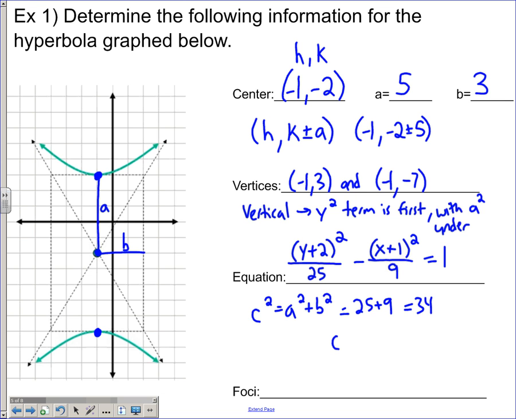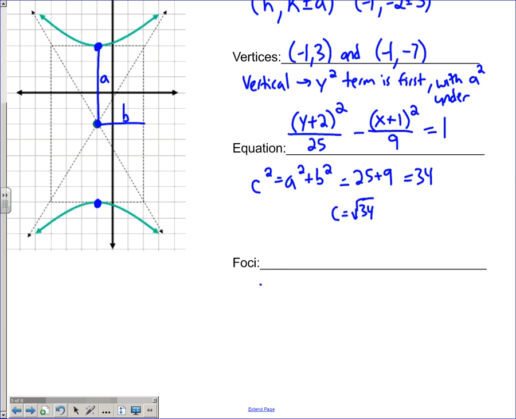It turns out that c is equal to the square root of 34. So because we know the x value is still going to be -1 along our transverse axis, we're adding and subtracting our c value from our starting height of our center, which is -2. So -2 plus or minus root 34.